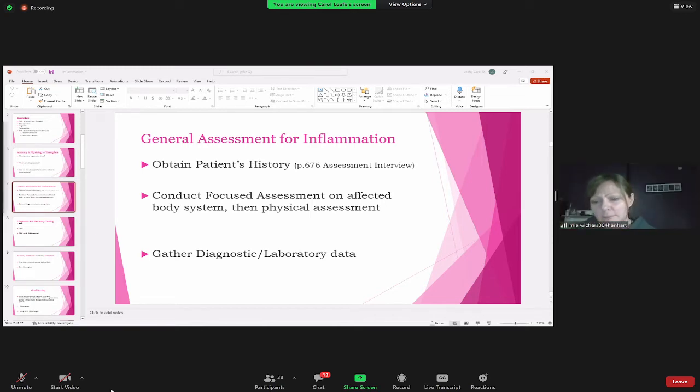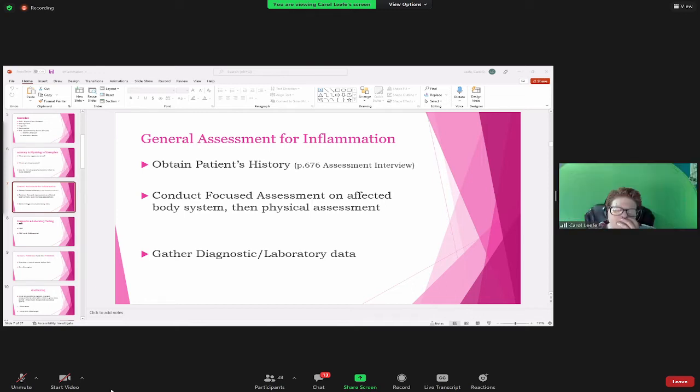When you learned about those abnormal focused assessments last week, you learned what? Cardiovascular, respiratory, neuro, and neurovascular, right? What's left? Gastrointestinal. So GI or the abdomen, right? A focused assessment of the abdomen.